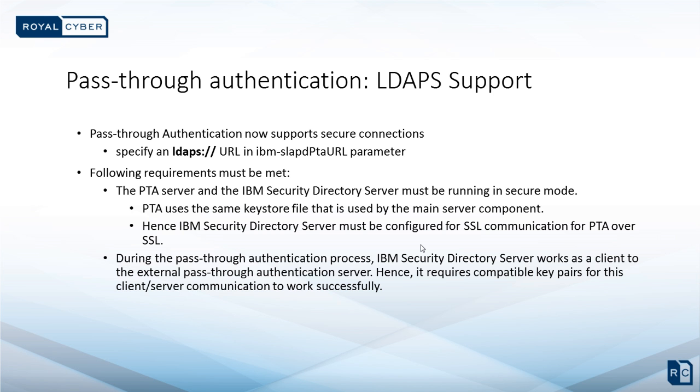It depends on the same key store file that is used by the main server component. So IBM Security Directory server must be configured for SSL communication for pass-through authentication over SSL. And the external pass-through authentication server must communicate with LDAP clients with the same key store file and key store password that is used by IBM Security Directory server. In a distributed environment, the proxy server routes the credential information to the backend server for pass-through authentication.